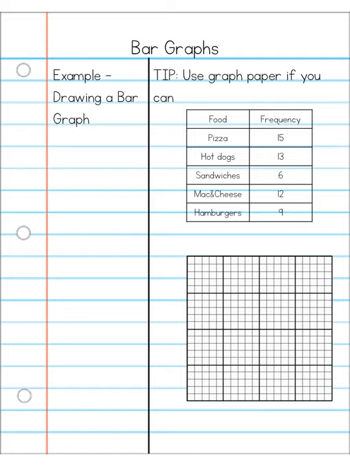Now looking at some examples for drawing bar graphs. We're going to use this frequency table that looks at students' favorite foods, and we're going to turn it into a bar graph. The first thing we're going to need to do is label our axes. So I'm going to have food down at the bottom, and let me move that a little lower actually.